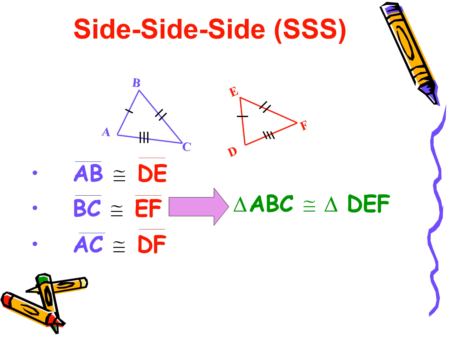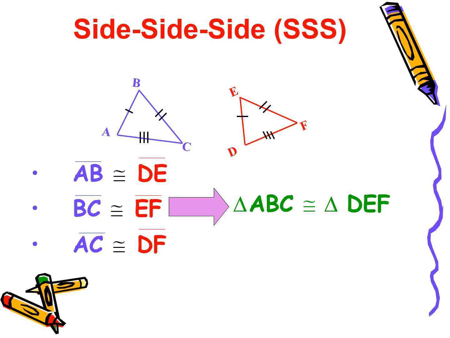In a triangle, if the sides are equal to the corresponding sides of another triangle, like in this figure, AB is congruent to DE, BC is congruent to EF, and AC is congruent to DF, then it is enough to prove that the two triangles are congruent to each other.